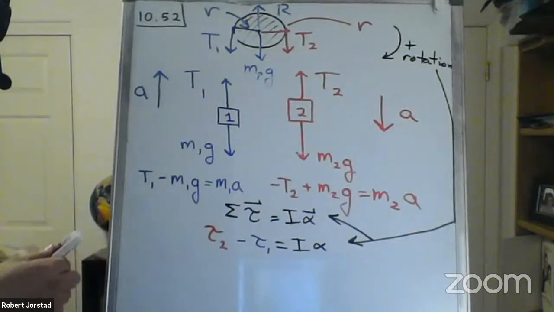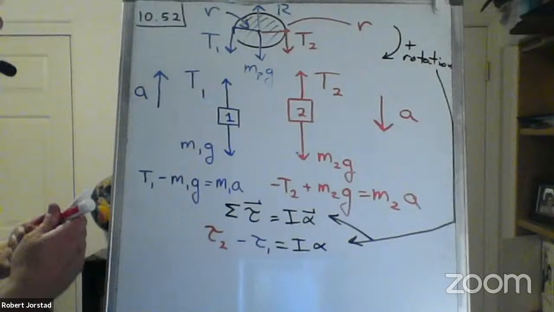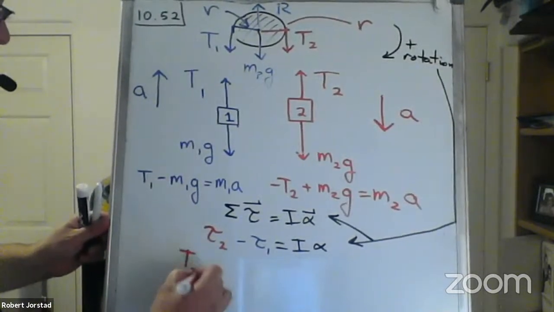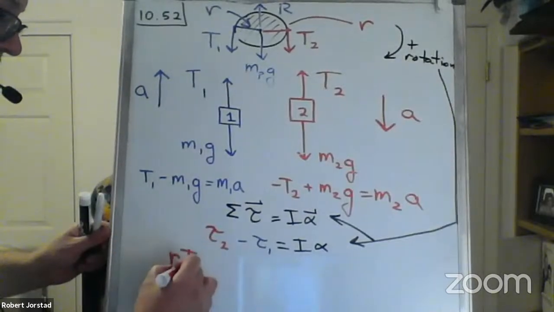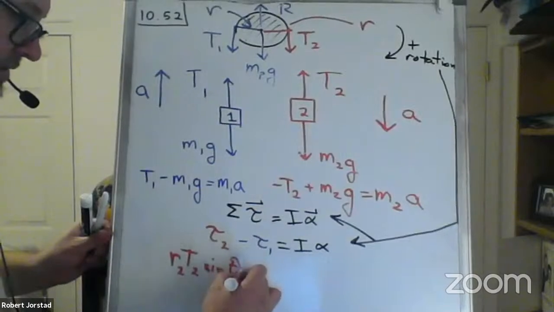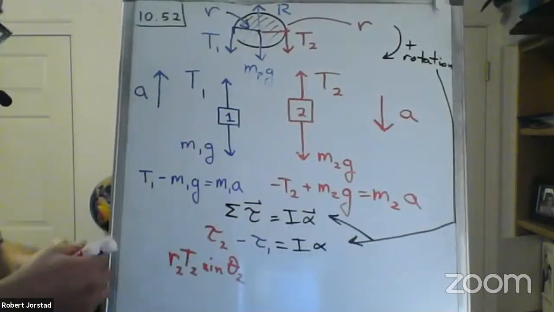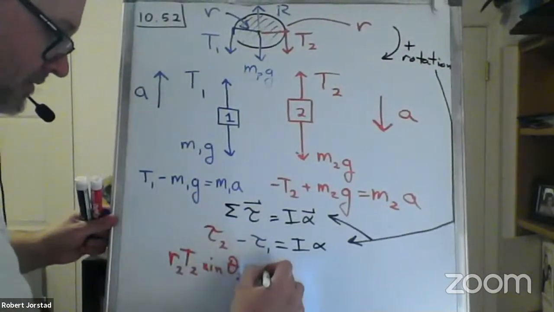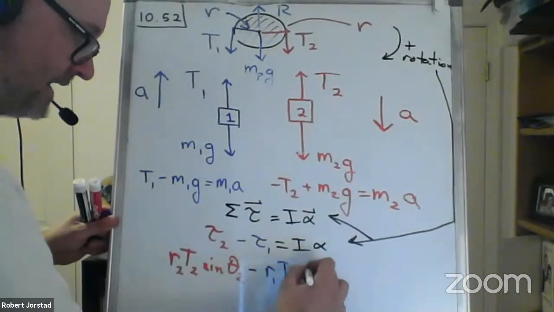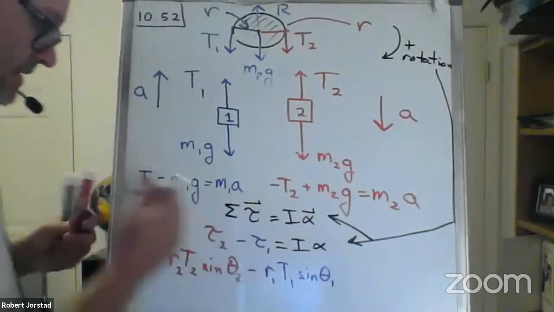What is torque 2? Well, that's force 2 times radius 2 times sine of theta 2. And then there's torque 1: radius 1, tension 1, and sine of theta 1.